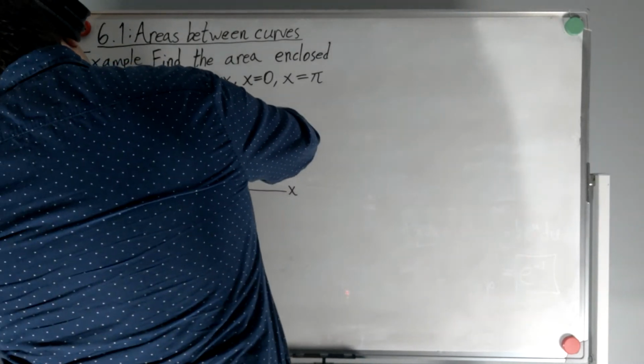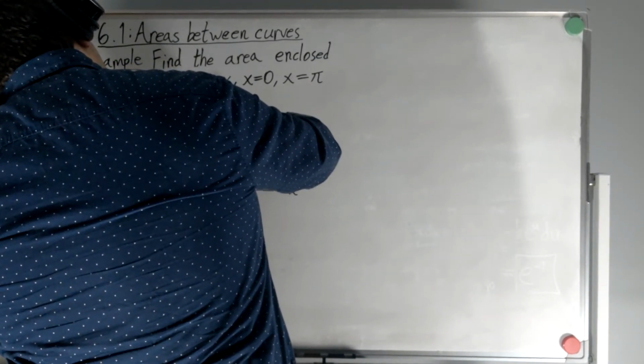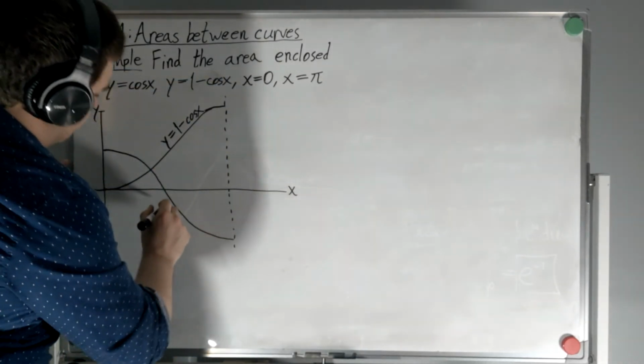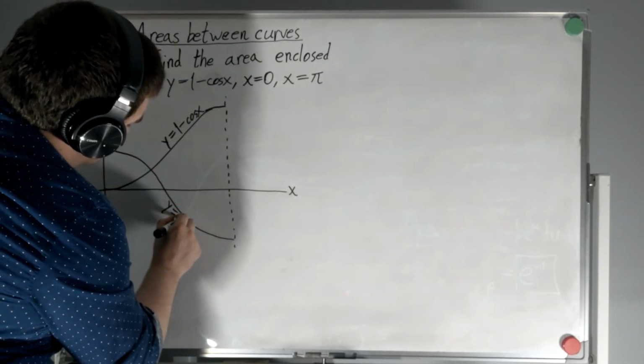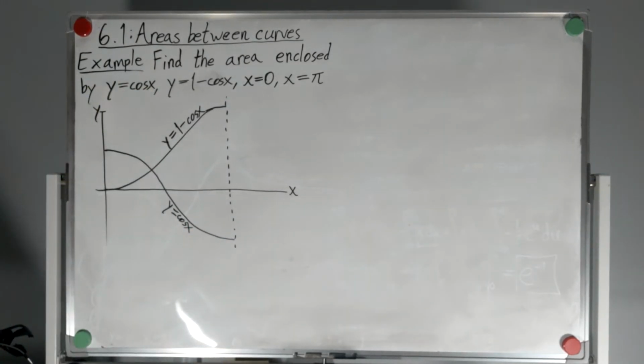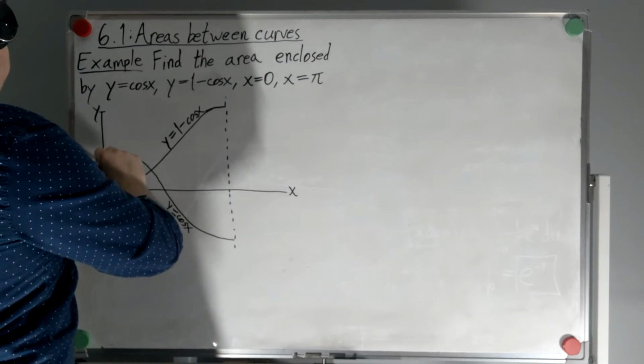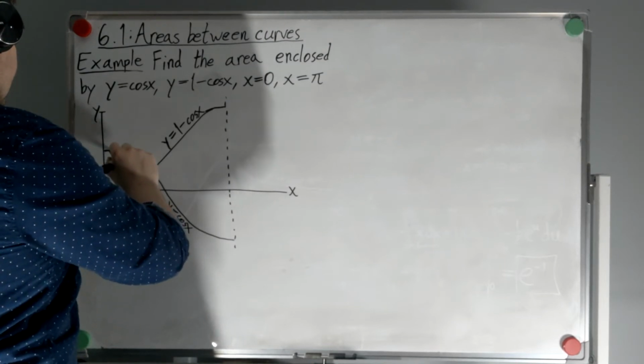So this is y equals 1 minus cosine x. This is y equals cosine x. And so we're trying to find the area of this region.